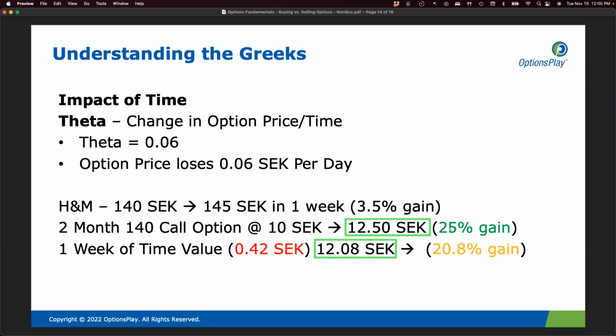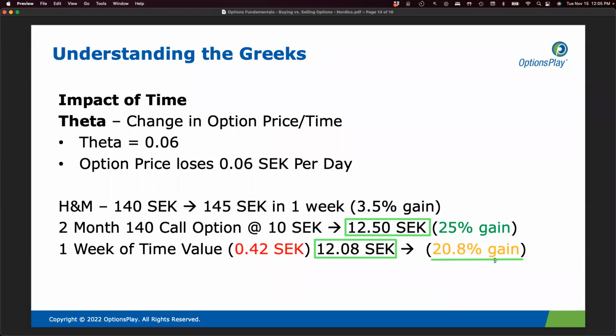So now my gain erodes from 25% down to 20%, or 20.8% to be more accurate. Arguably delta and theta are the two most important components because those are the two that have the largest impact on the value of your option. It's how much does the stock move and how much time does it take for that to happen.